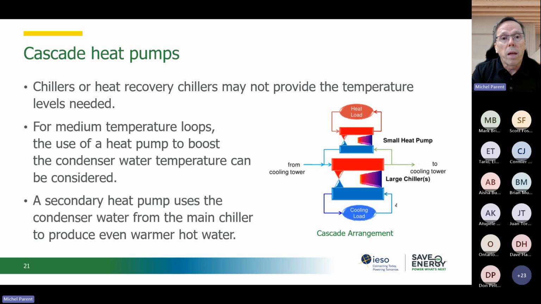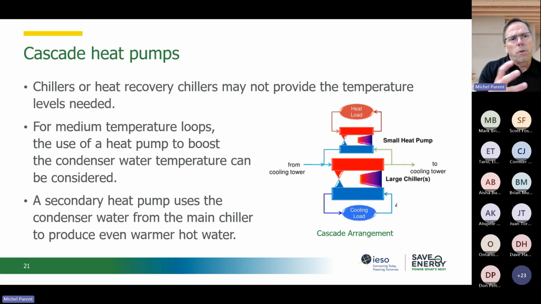If you've got a loop dedicated to your air side coils, the heating coil, that's also a low temperature loop. But the perimeter heating in a building is usually a high temperature loop that wants water between 140 and 180 degrees Fahrenheit. And the heat recovery chiller cannot do that job.